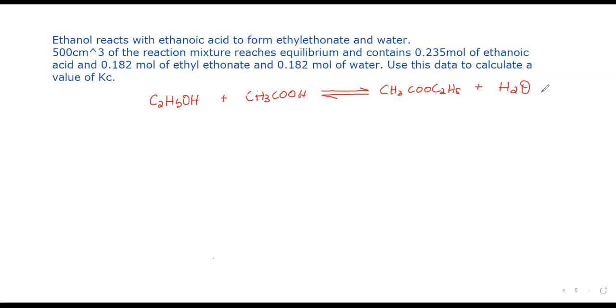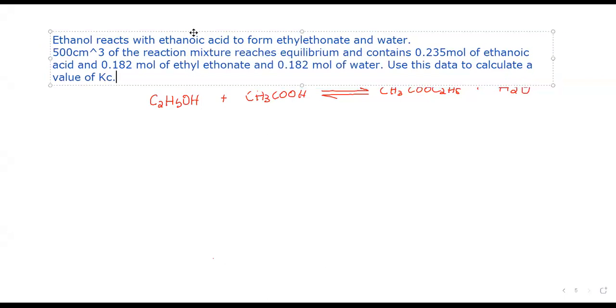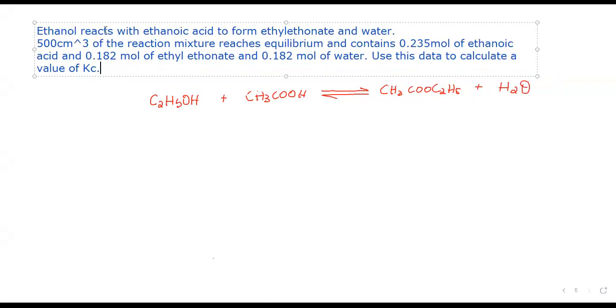Now, when we are going to talk about it, what are we going to do? Okay, hold on one second. I did not write down the question. I forgot to add the moles for ethanol.